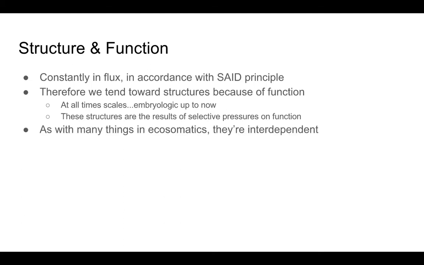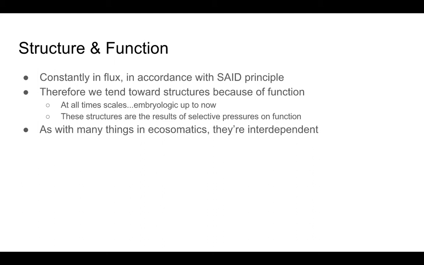So as with many things in this ecosomatic approach, they are of course interdependent. Just as our function changes our structure, structures in turn can lead to changes in function or performance of function. Think of it this way.